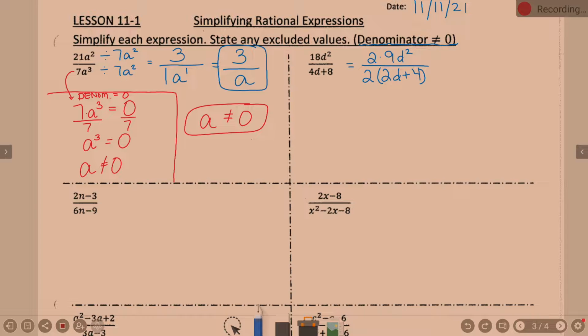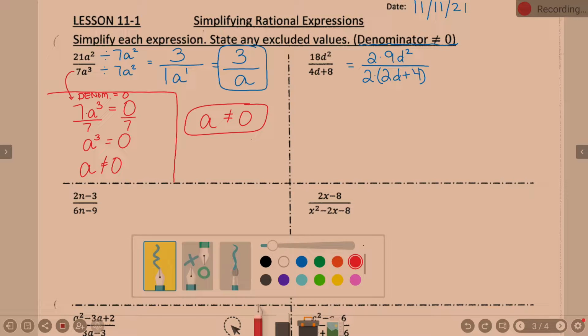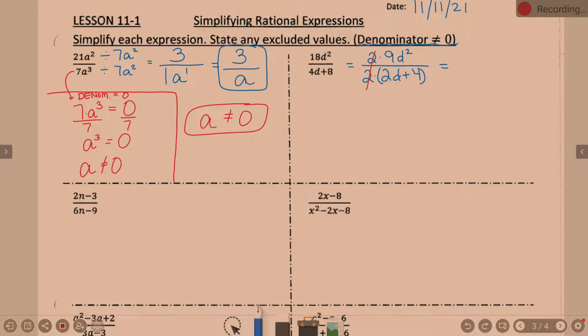Now, the reason I write it like this is I want you to realize there's 2 times something on top, 2 times something on bottom, so those 2's can cancel. If those 2's cancel, what remains? 9d squared over 2d plus 4.